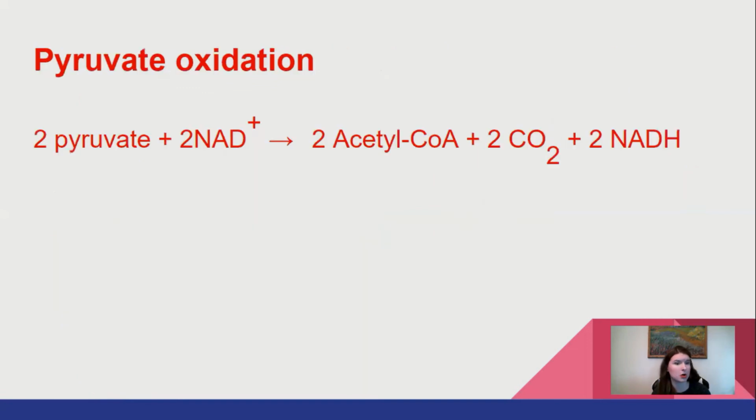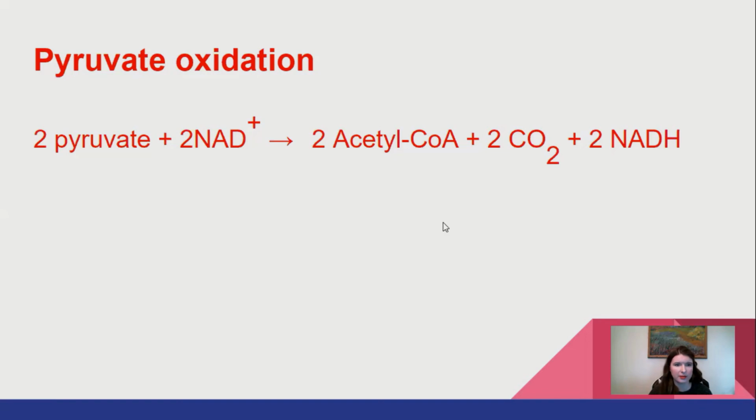Okay, so here's our equation for pyruvate oxidation. This is showing us the equation for pyruvate oxidation if we started with one glucose molecule. So at the end of glycolysis, we ended up with 2 pyruvate. The 2 pyruvate molecules go into pyruvate oxidation.